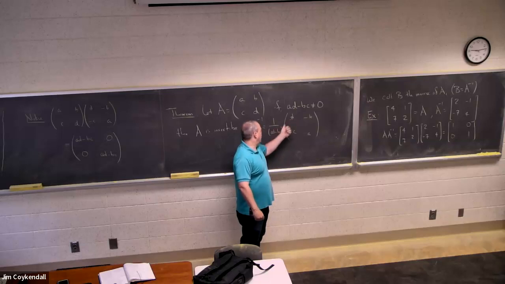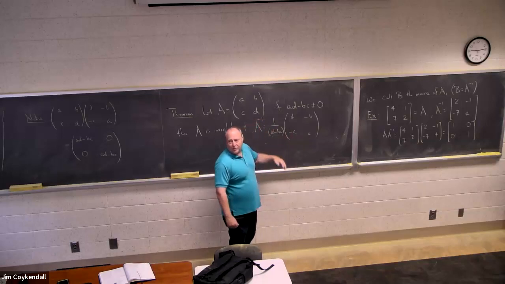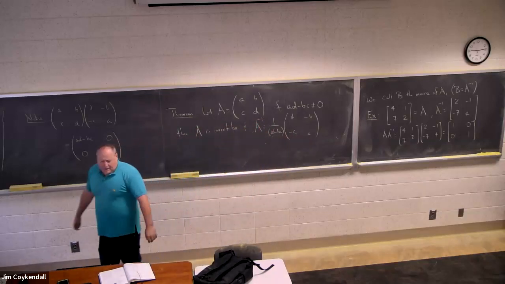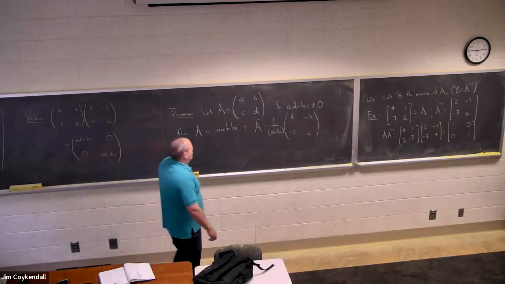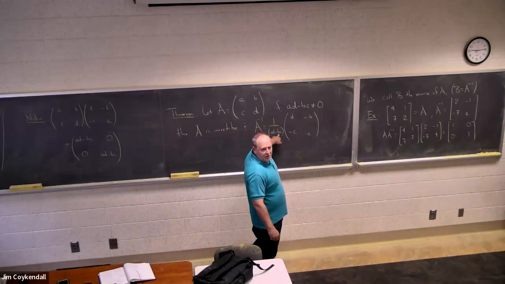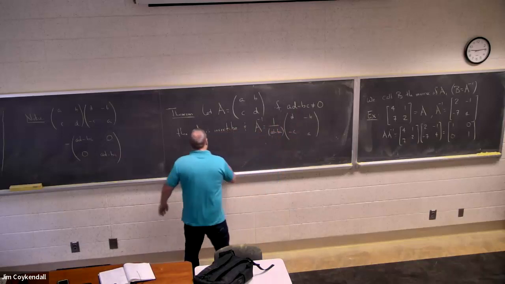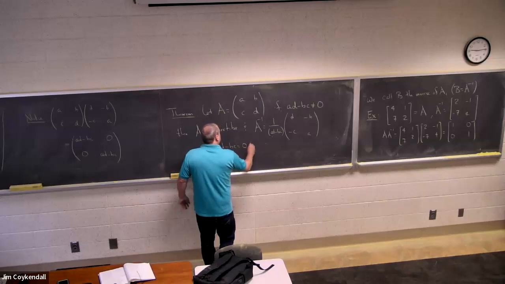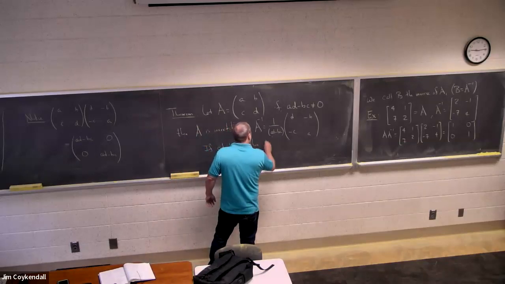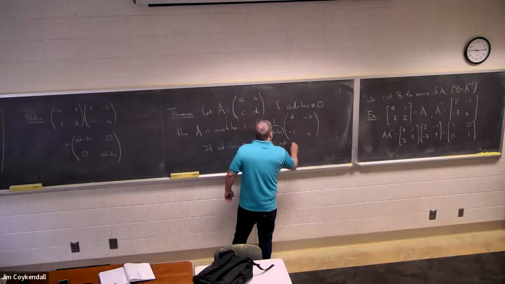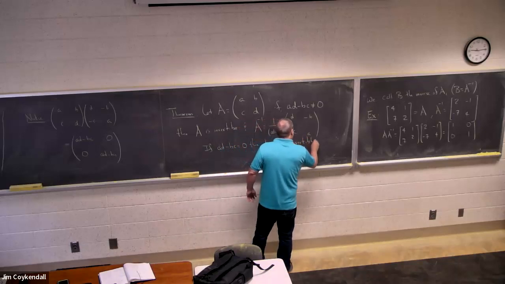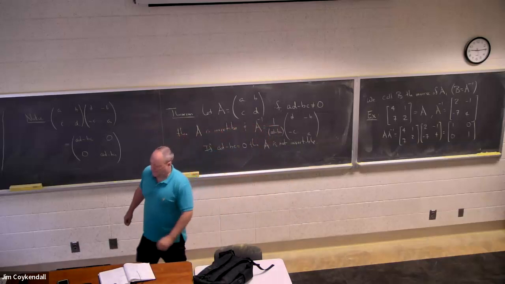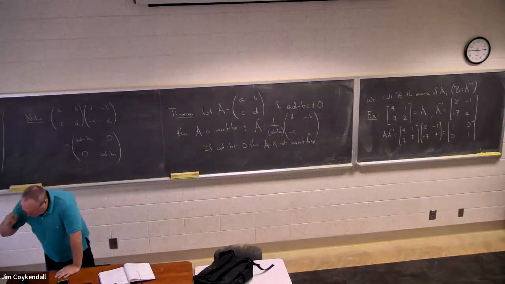So this entry is D over this denominator, minus B over this denominator, minus C over this denominator, A over this denominator. Those are the 4 entries, right? This is a nice formula. And notice you've got big, huge problems if AD minus BC is 0. And that's why I said this: if AD minus BC equals 0, then A is not invertible. Questions?